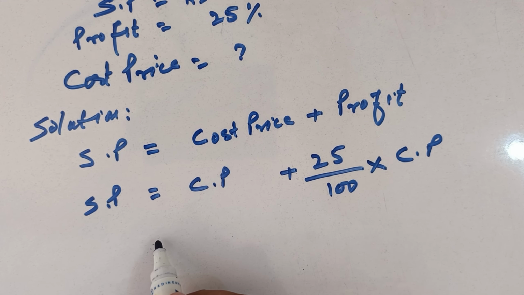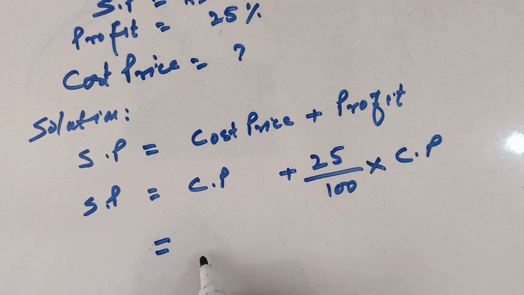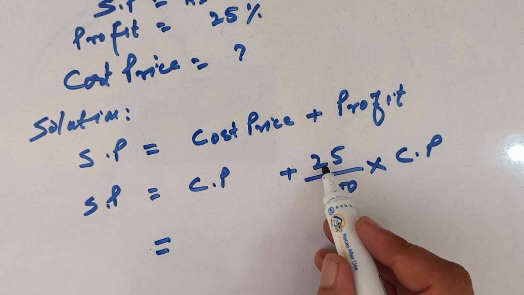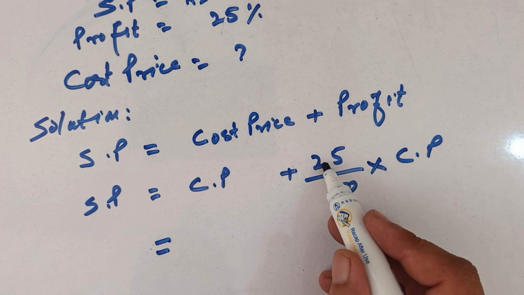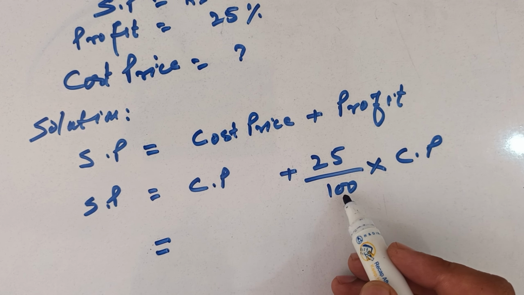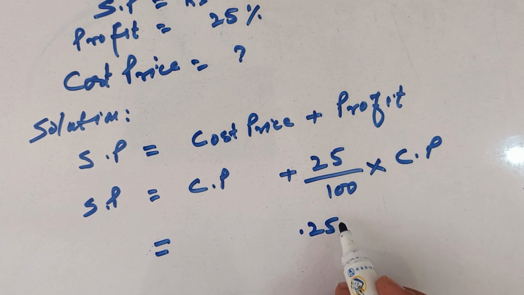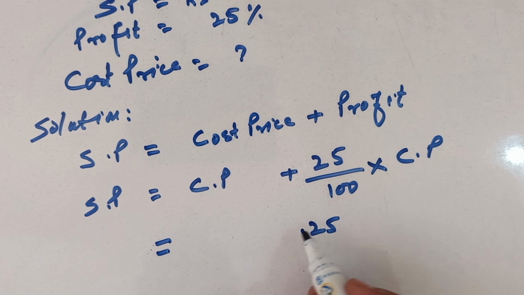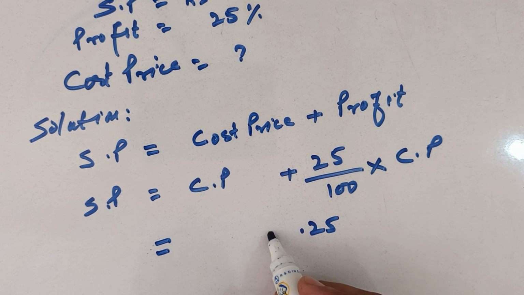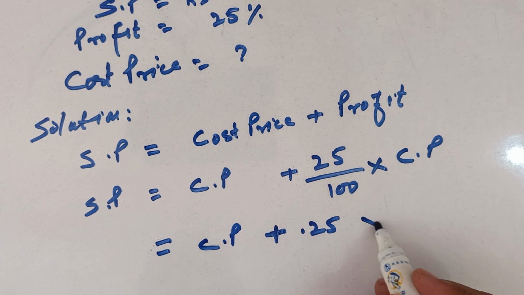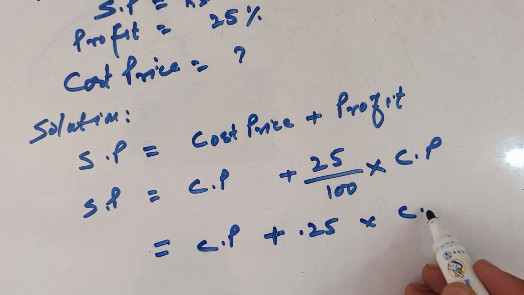Yes, moving towards next. If we want to simplify this term 25 over 100, we can write it as 0.25. So this 100 is eliminated, and now we can say that cost price, and here is also the cost price.